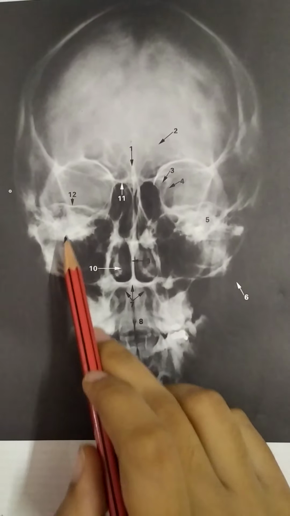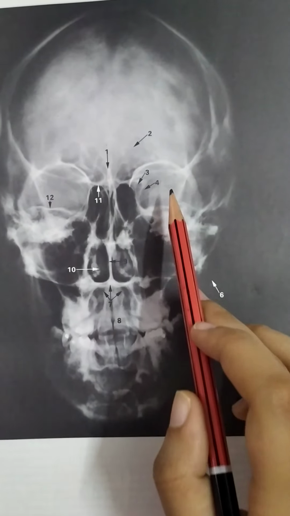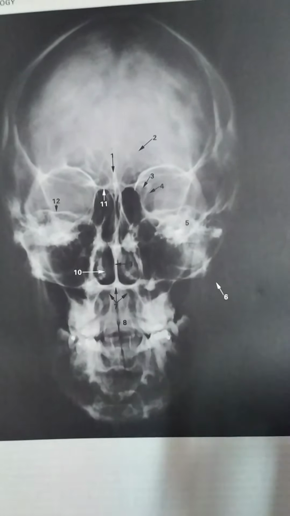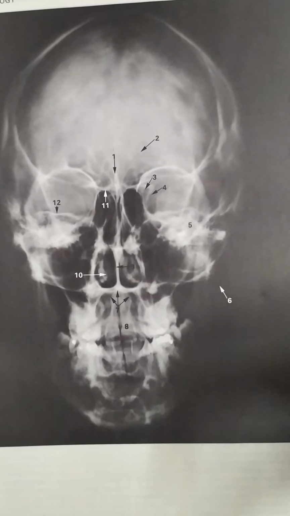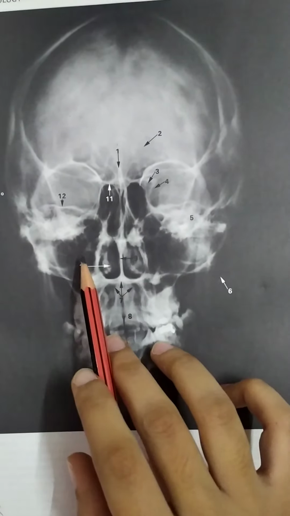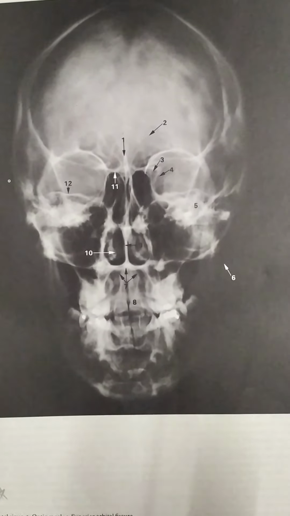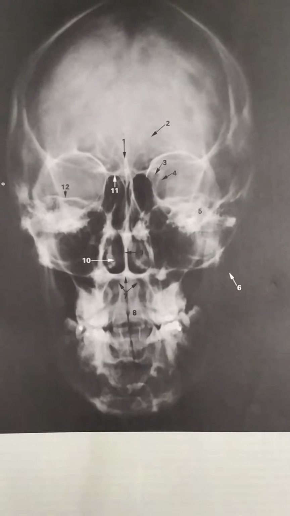So the structures which appear white are the radio-opaque structures, while the black structures are the radiolucent. Those structures are referred to as radiolucent inside which air is present.